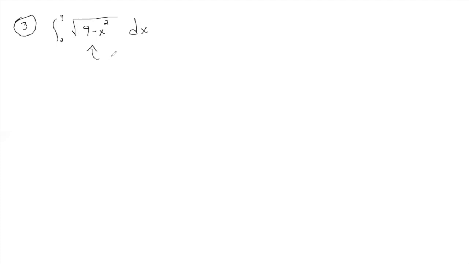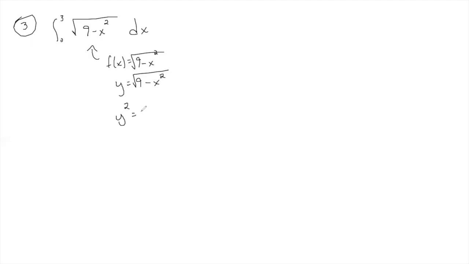So this is the integrand, so f of x equals the square root of 9 minus x squared. When we want to read it as a graph, it's convenient to read it as y equals square root of 9 minus x squared. Okay, and now if I want to write this out in something that I recognize a little bit better, this isn't really something I know all that well.